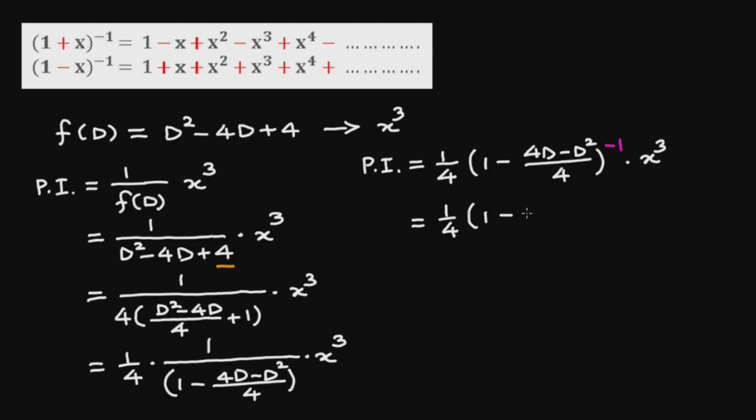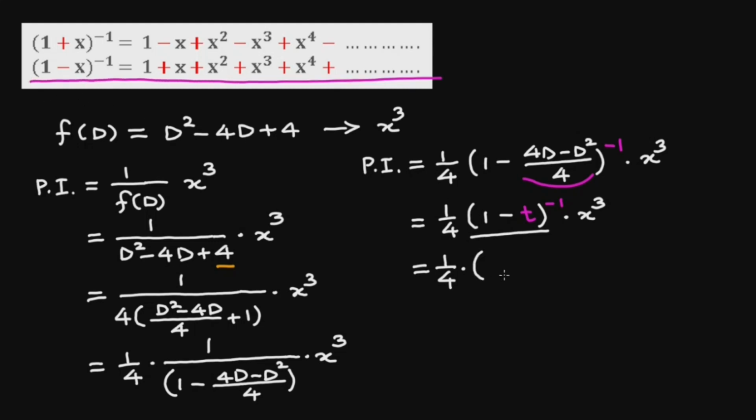We will substitute t for this (4D − D²)/4, so it is 1/4 into the expansion of (1 − t)⁻¹, which is 1 + t + t² + t³. We will write up to t³ only operating on x³, because the fourth power of this (4D − D²)/4, when it operates on x³, will all be 0.